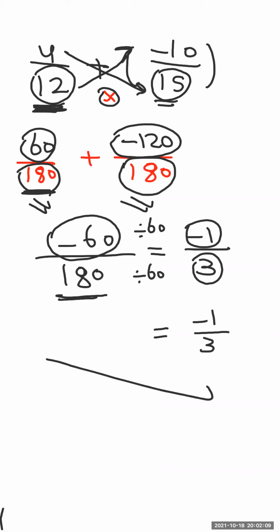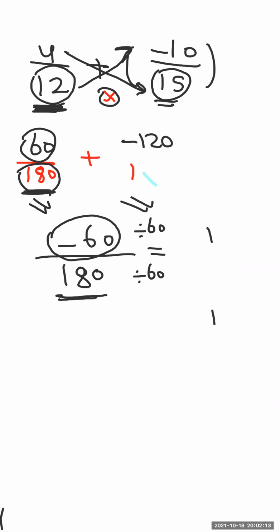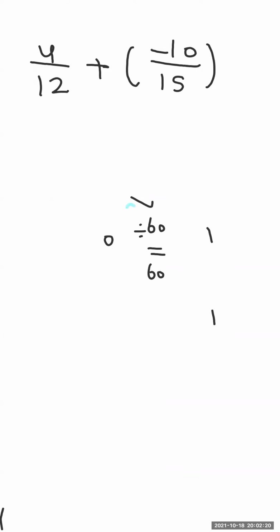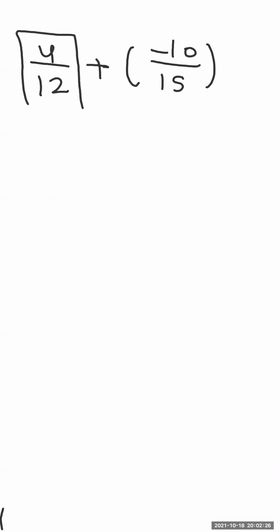Or otherwise, I can solve it a different way, like that. This number is 4 over 12. I can simplify this number by dividing the two terms by 4. So 4 divided by 4 equals 1. 12 divided by 4 equals 3, plus.